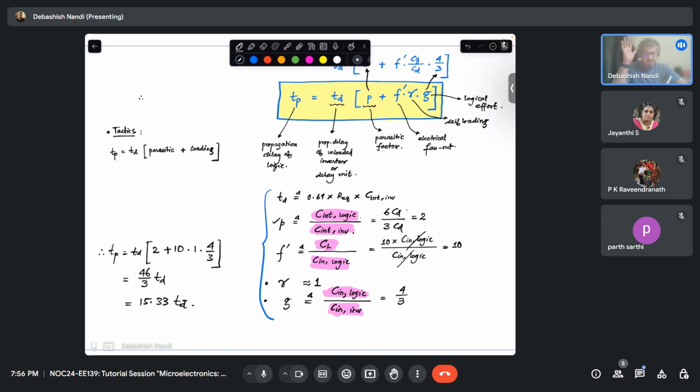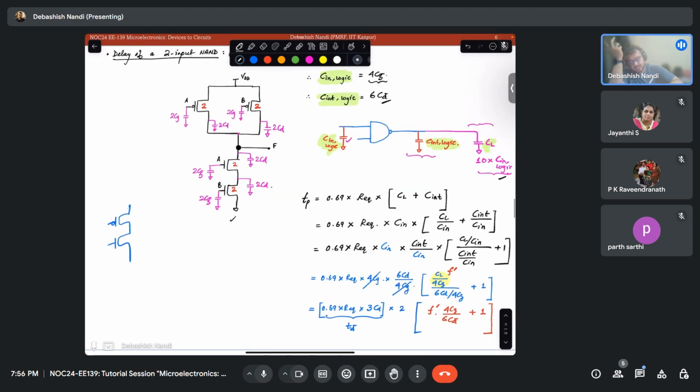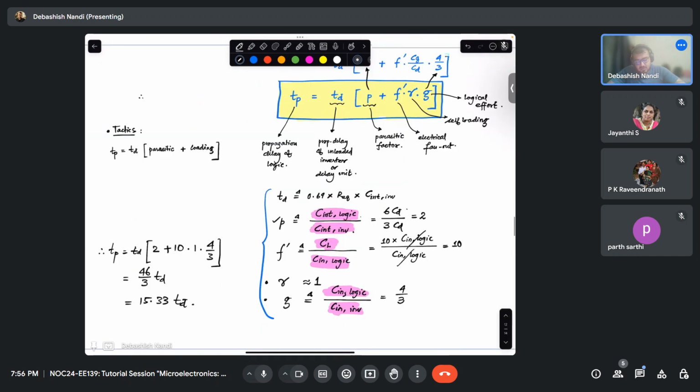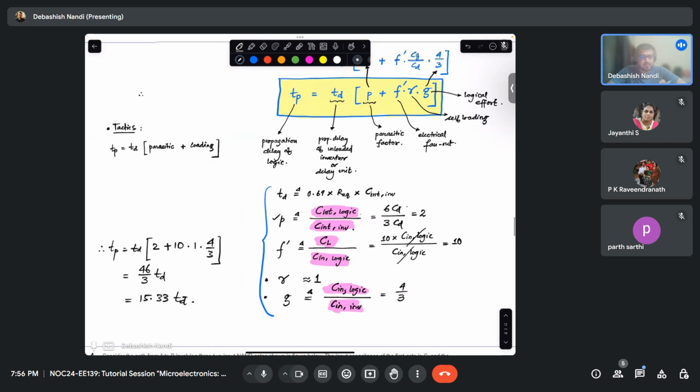Gamma, always take 1 unless specified in the question. And logical effort you can quickly find out, right? You just need to know the structure of the schematic and how to size them. So this is the most difficult problem in combinational logic delay analysis which you will face in this course.